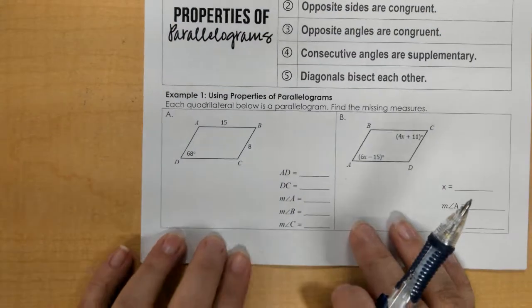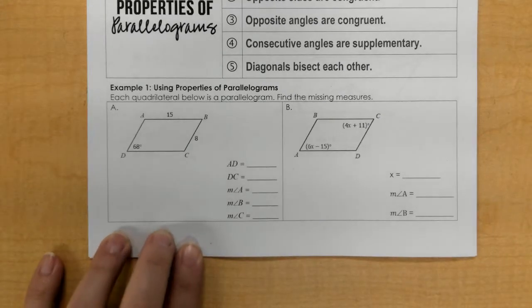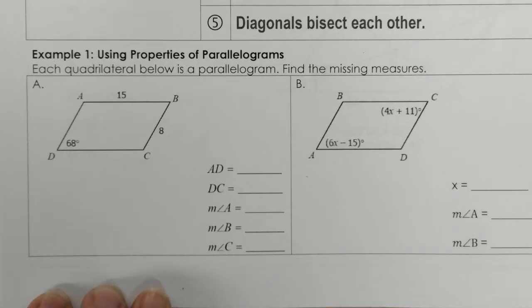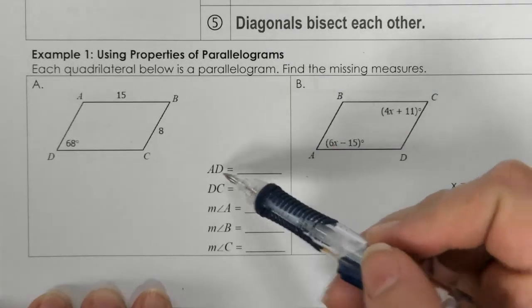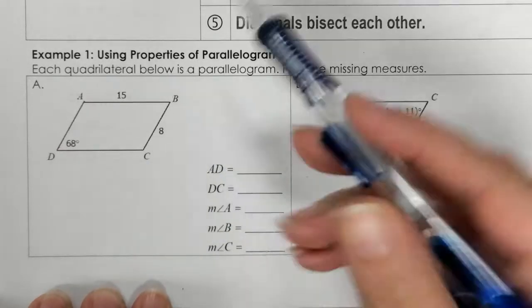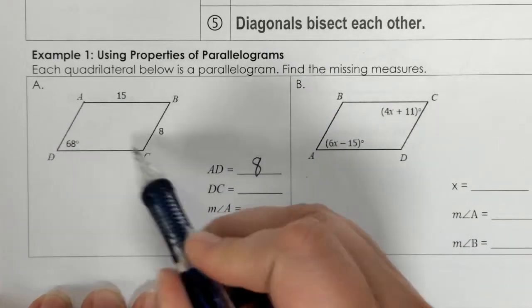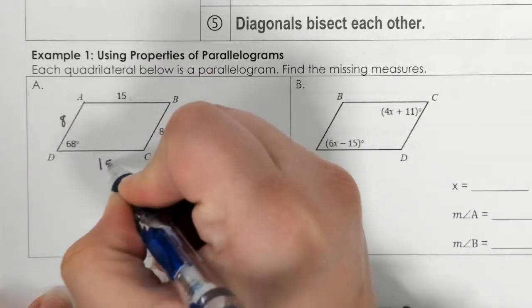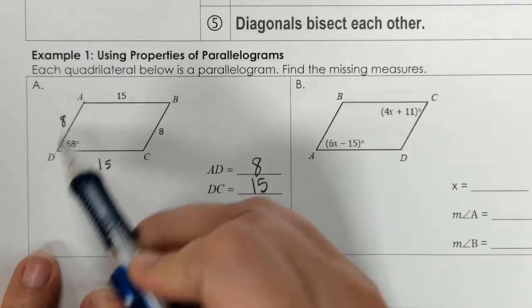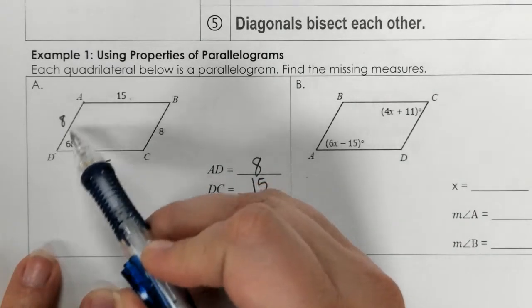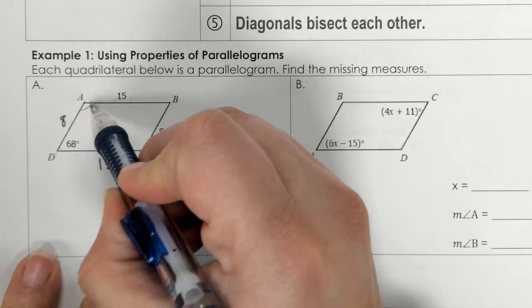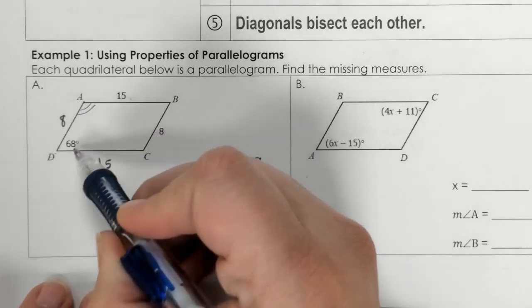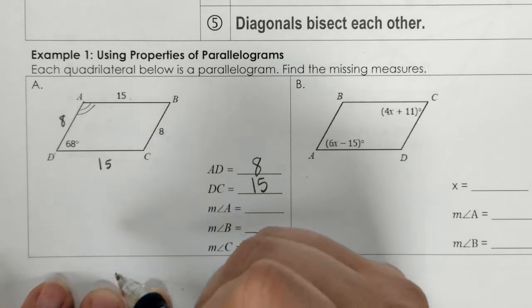So in example 1, each quadrilateral below is a parallelogram. For AD, it's the opposite of BC, which is 8. And DC is the opposite of AB, which is 15. So 8, 15. Angle A is consecutive, so that's next to angle D, and so this one is 180 subtracted 68.